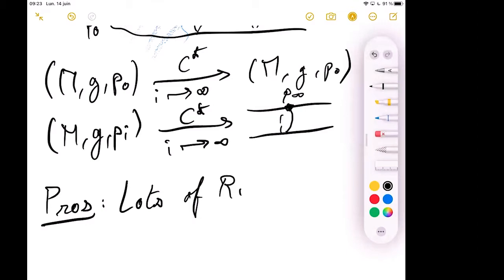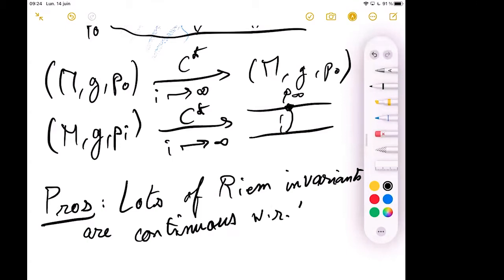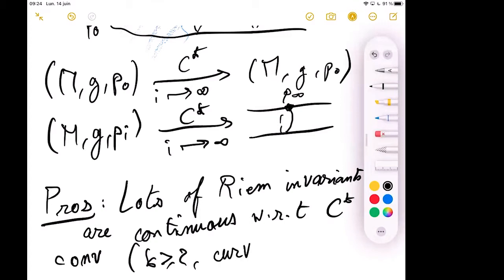Lots of Riemannian invariants are continuous with respect to C^K convergence. For instance, if K is greater than 2, curvature passes to the limit.